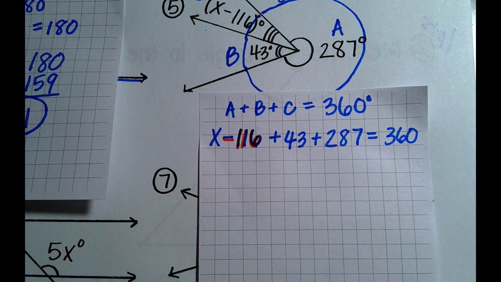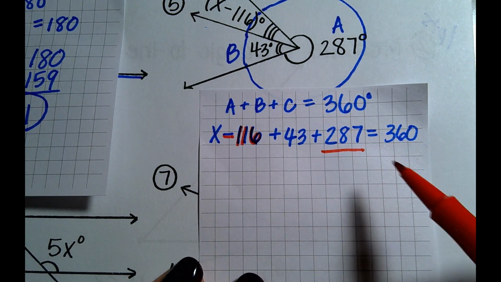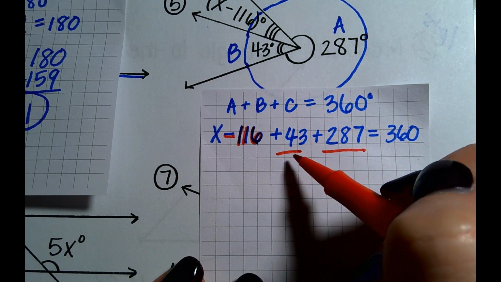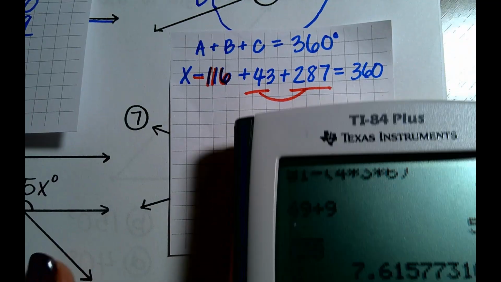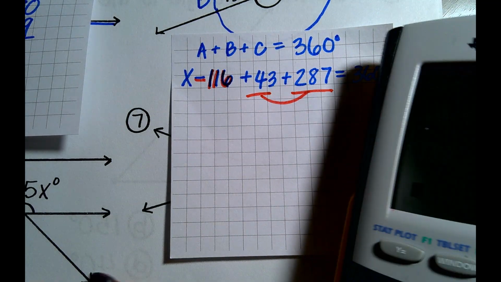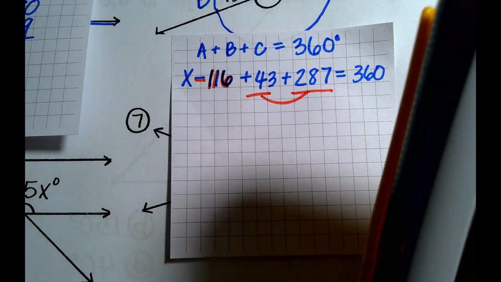Okay, cool. So if I combine my like terms first, I've got 287 plus 43, and I'm just going to do those first. You could do it all at once, but I'm going to do those first. I'm going to type that in. 43 plus 287.